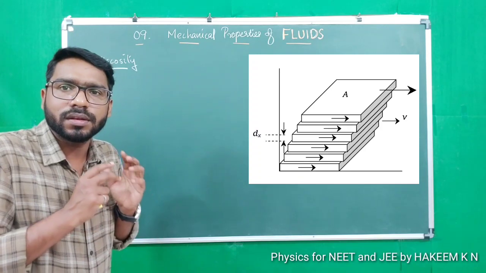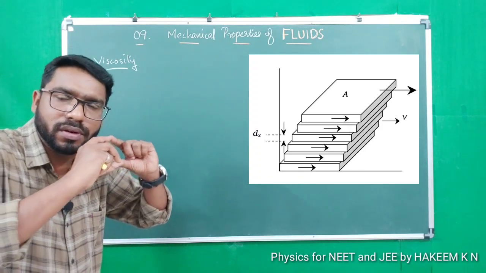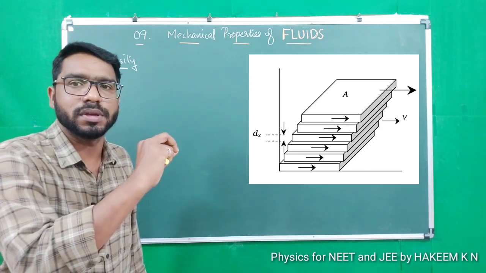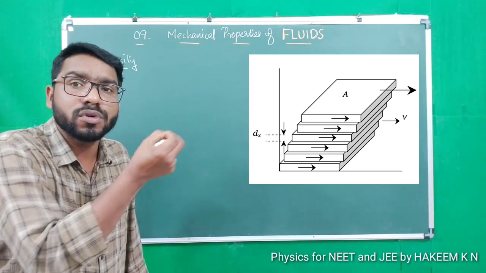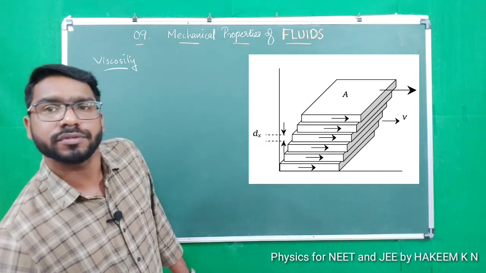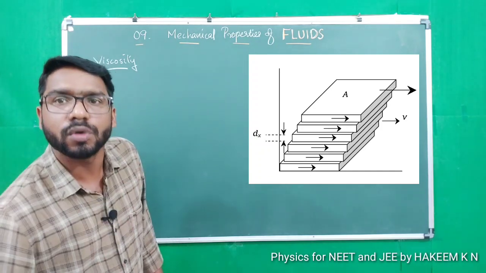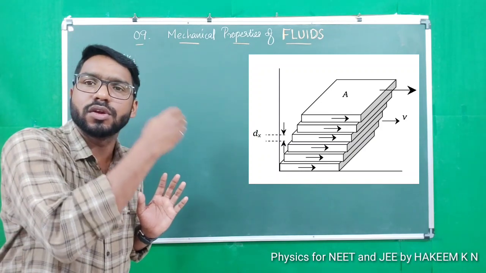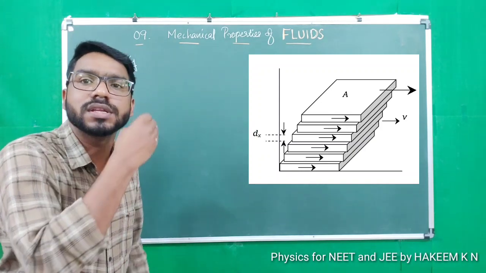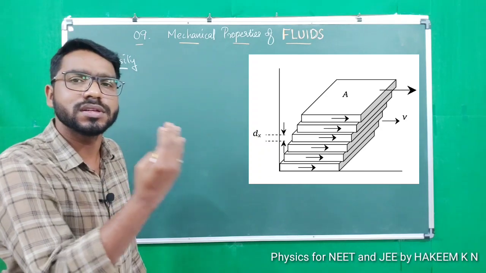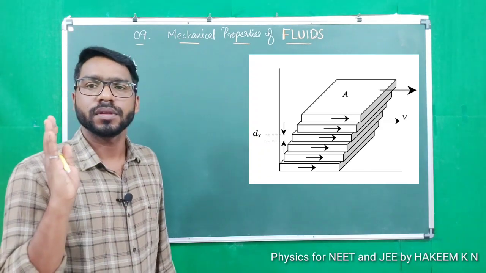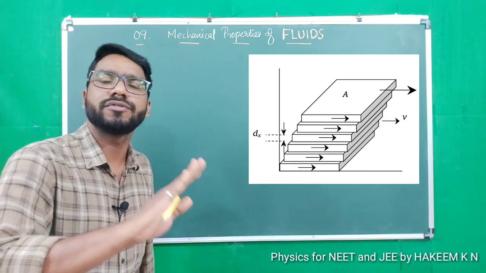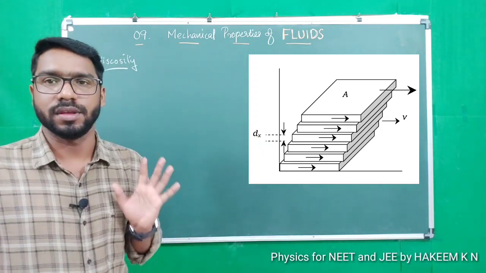So when the liquid molecules in the top layer move with a larger speed, due to the cohesive force between the molecules of the top layer and the lower layers, the movement of molecules in the fast moving liquid layer is opposed. That property is called fluid friction or viscosity.